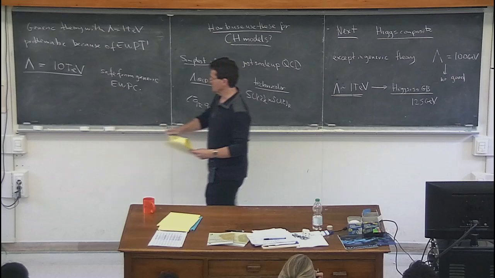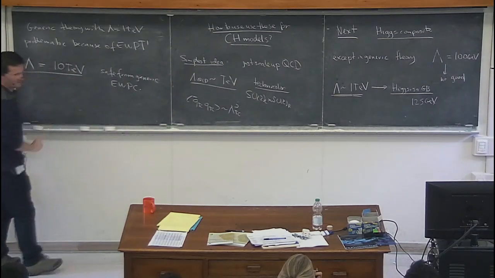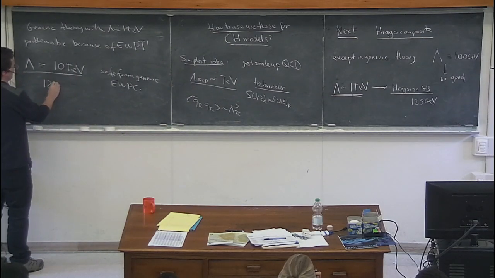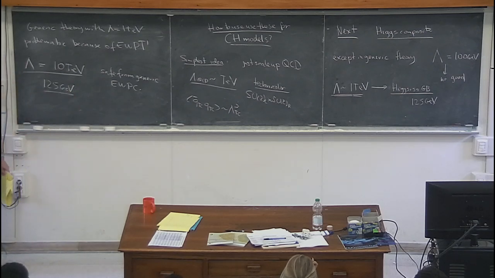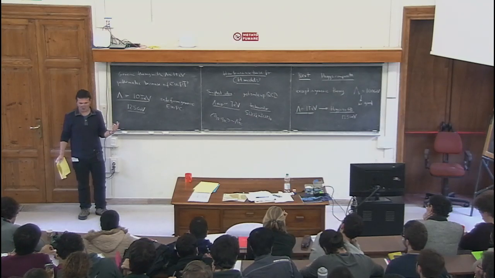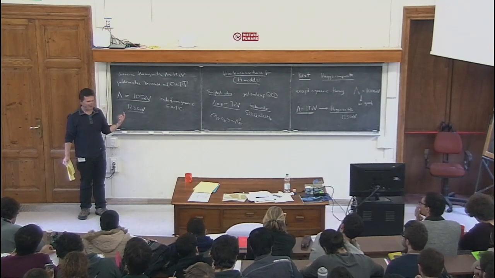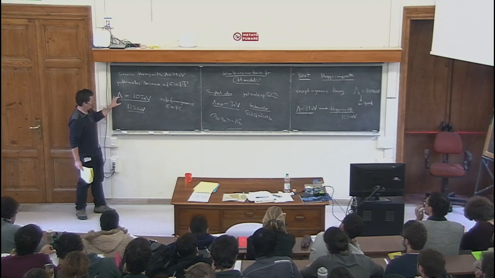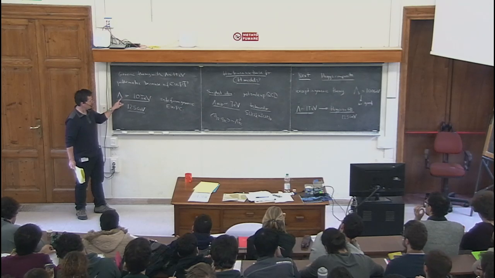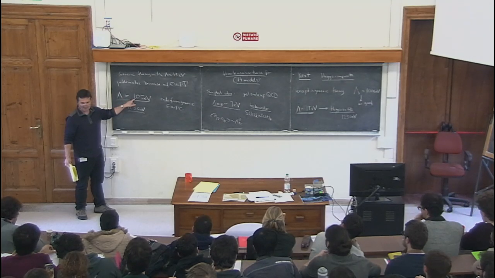But once I push it to 10 TeV, keeping the Higgs at 125 GeV, even if it's a Goldstone, a generic theory is not going to work, because, as you will see, making the Higgs a pseudo Goldstone boson rather than a true Goldstone will generically reintroduce quadratic divergences proportional to the scale lambda.